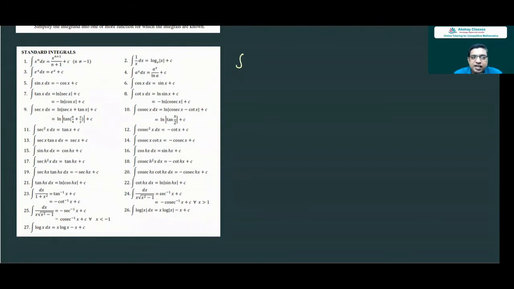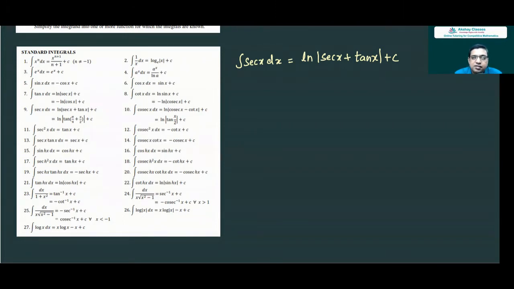Now, integral of secant x dx is log mod secant x plus tan x. If we differentiate this, we will get the left hand side. And this we can write as 1 by cos x plus sine by cos x.